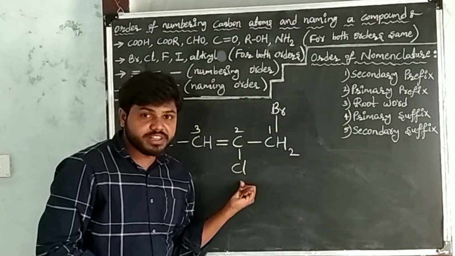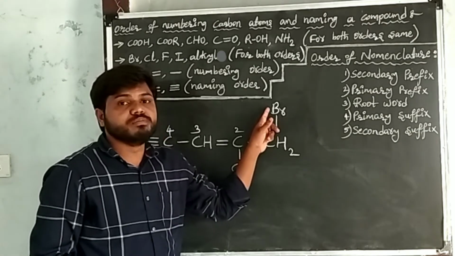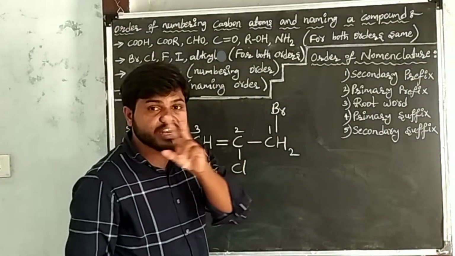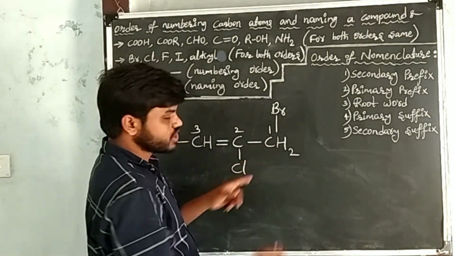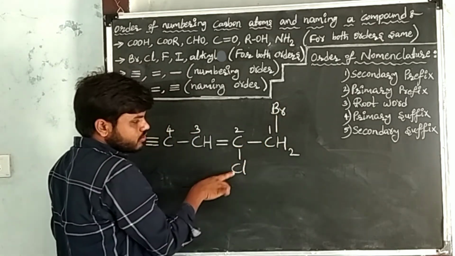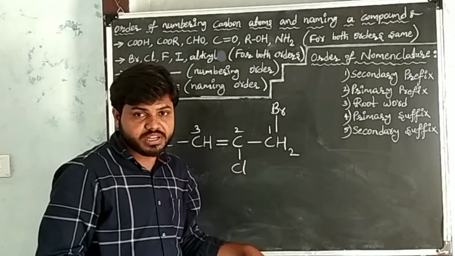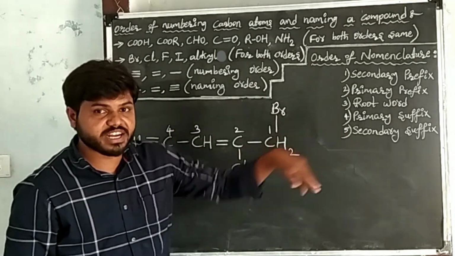Here chlorine is there, bromine is there. Give priority to bromine. This bromine should get the least number, so we should start from the right side. See, bromine is getting the first position, chlorine is getting the second position. Bromine is getting the least number. That's why I started from the right side.